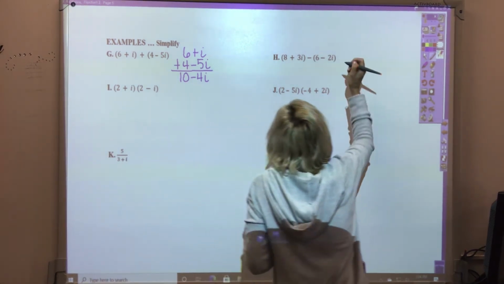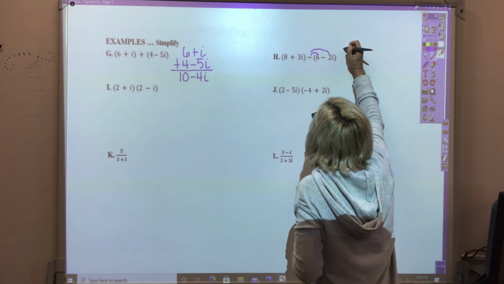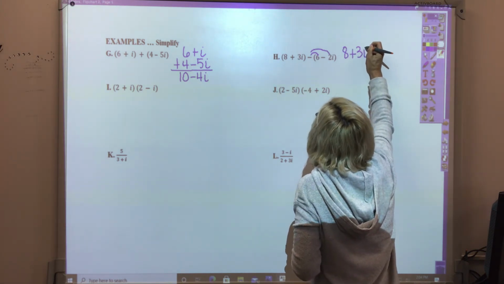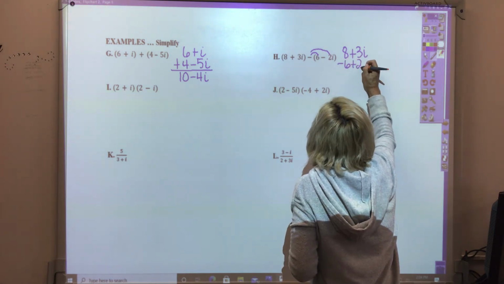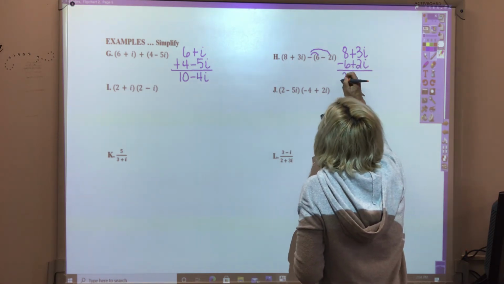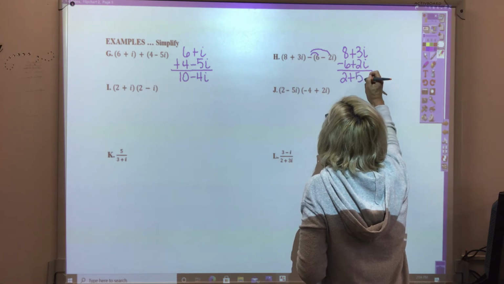On the second, don't forget that we have to distribute the negative, so we will have 8 plus 3i minus 6 plus 2i. 8 minus 6 will give us 2. 3i plus 2i will give us 5i.